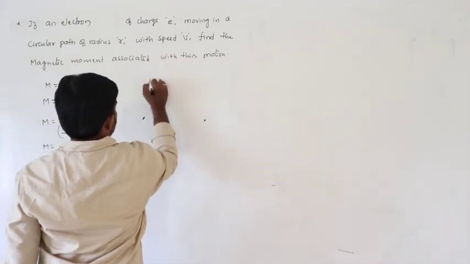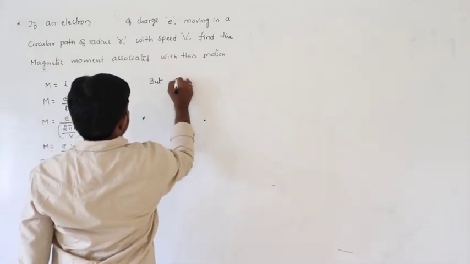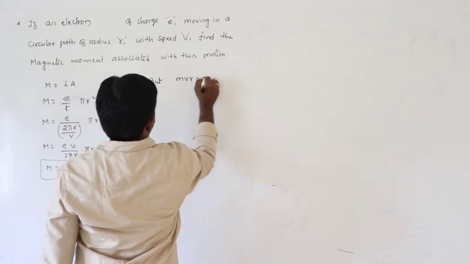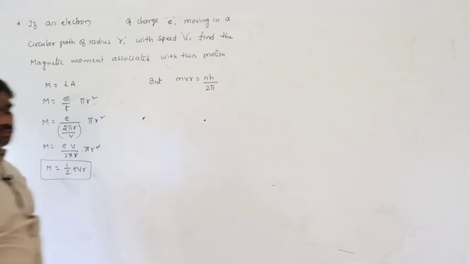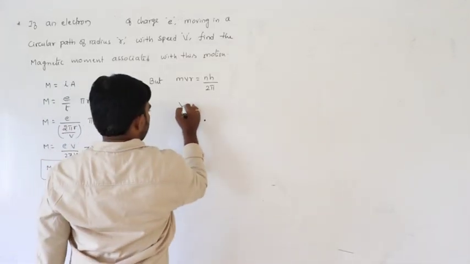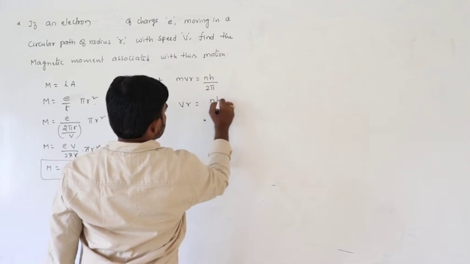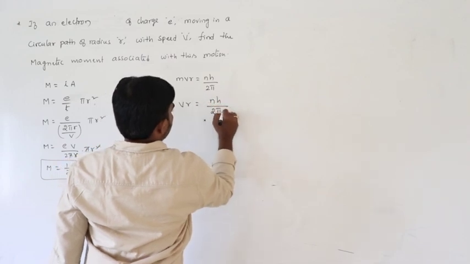But from Bohr's second postulate, mvr is equal to nh by 2 pi. So from this we can write vr is equal to nh by 2 pi m.